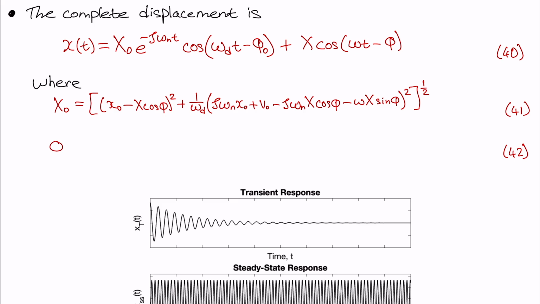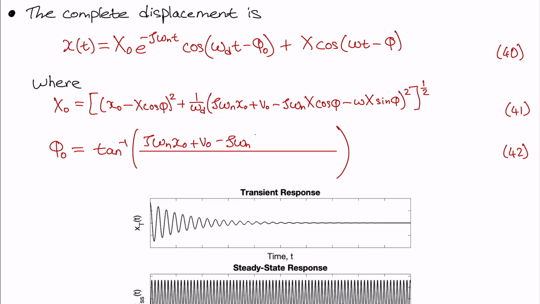And for phi 0, it's going to be equal to the inverse tangent. I have a big fraction in here. This will be zeta omega n x0 plus v0 minus zeta omega n big X cosine phi minus omega big X sine phi.